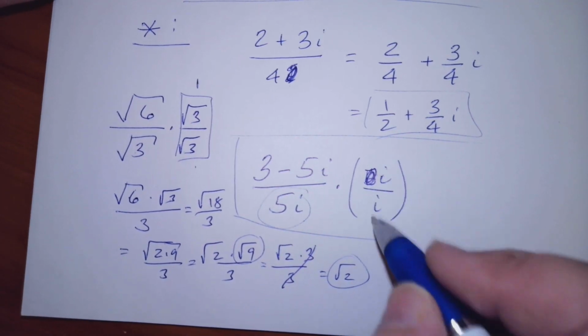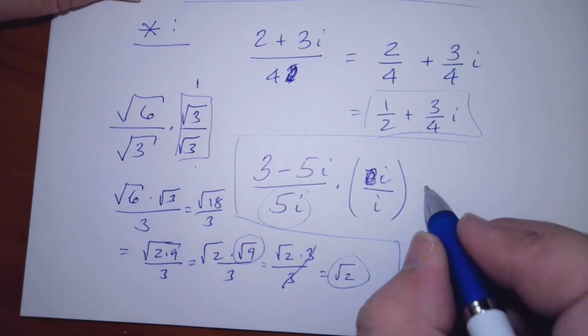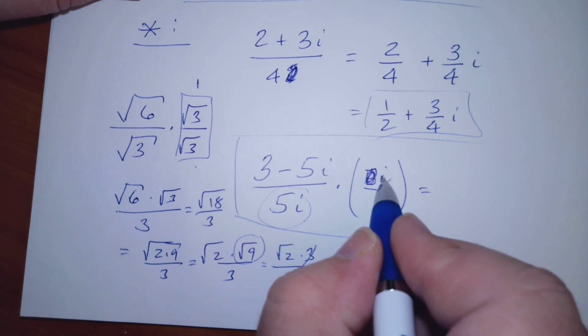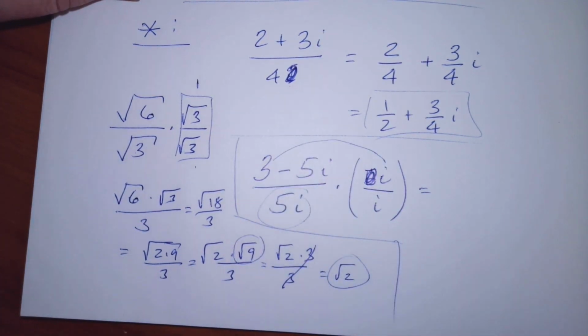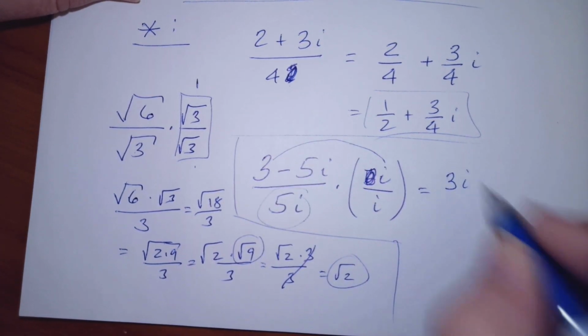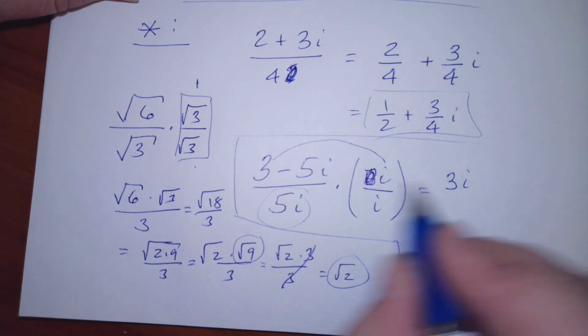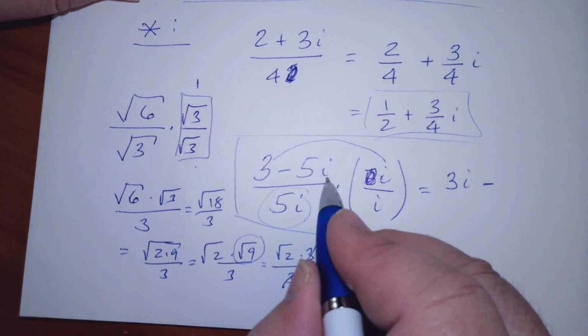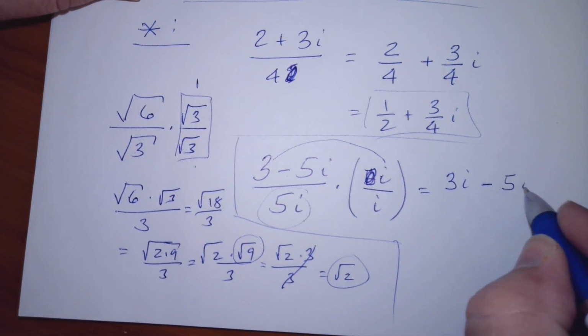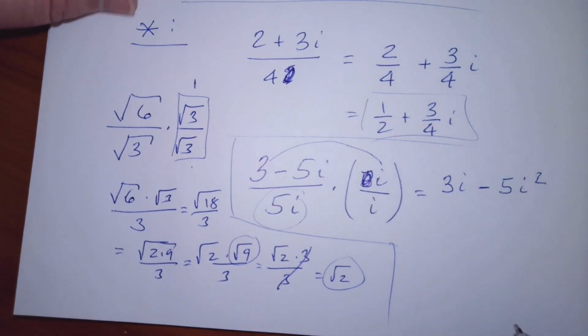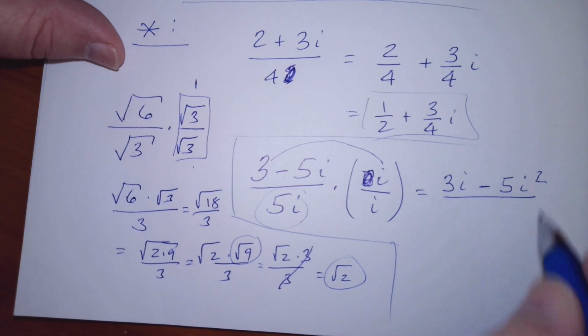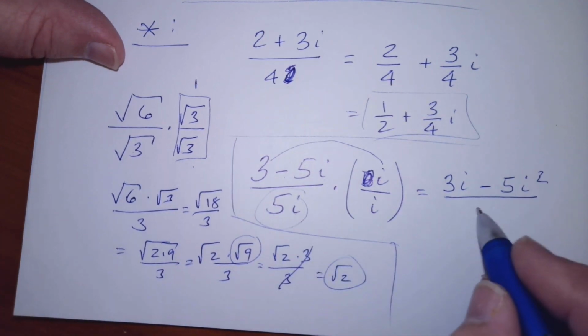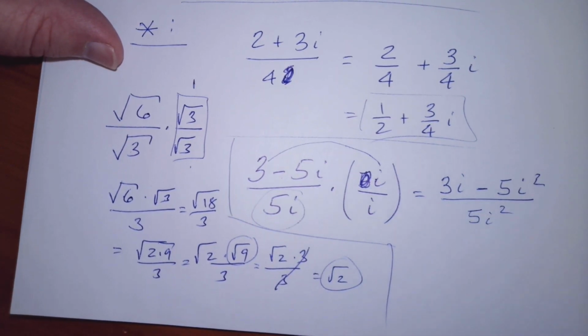So we just multiply top and bottom by i. i times 3 is 3i. Negative times positive is negative. 5i times i is 5i squared.